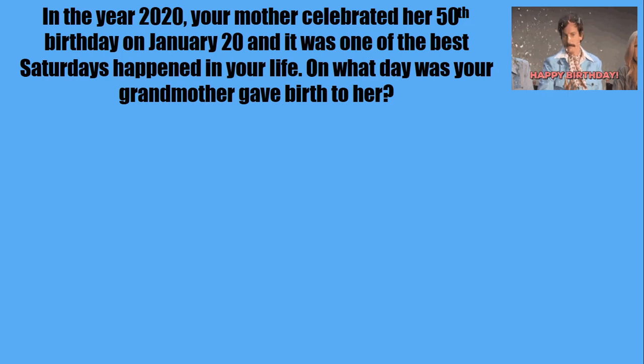In the year 2020, your mother celebrated her 50th birthday on January 20, and it was one of the best Saturdays of your life. On what day did your grandmother give birth to her?